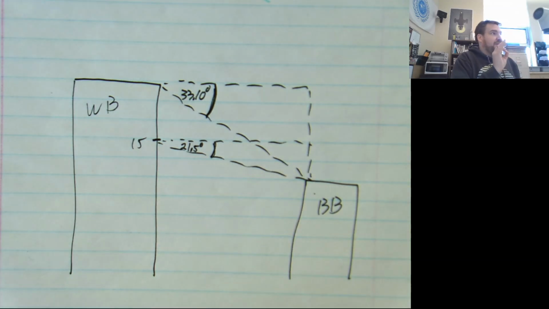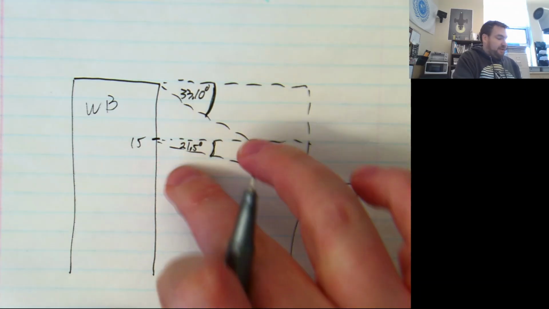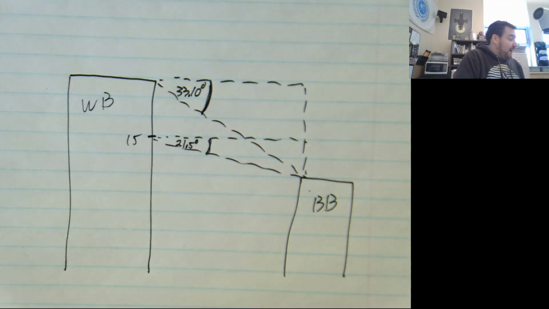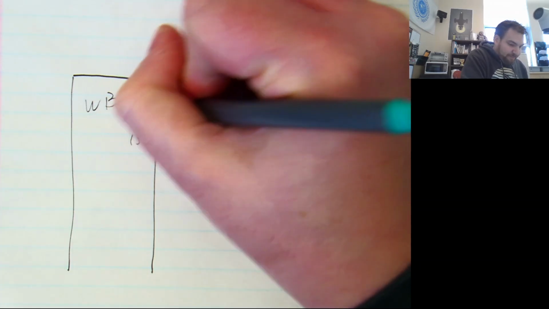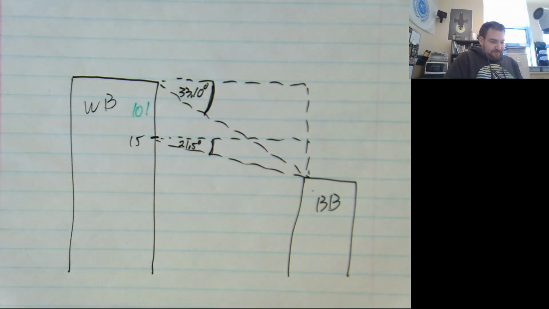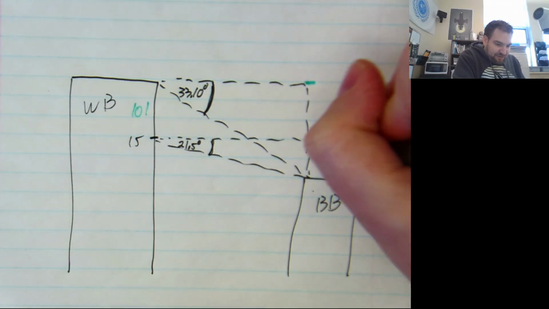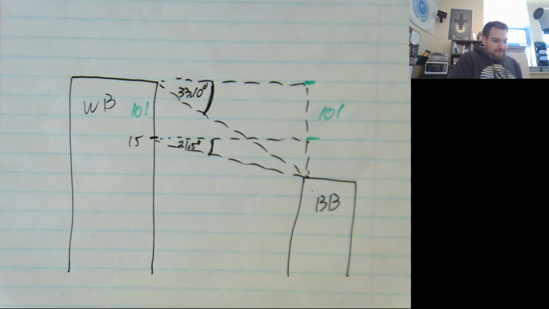That language of angle of depression, this is what it means. This is why it was originally listed as a bonus question too. So if the distance between the roof and the 15th floor is 101 meters, so this is 101, which means this distance here is also 101. Question says, how far apart are the buildings?